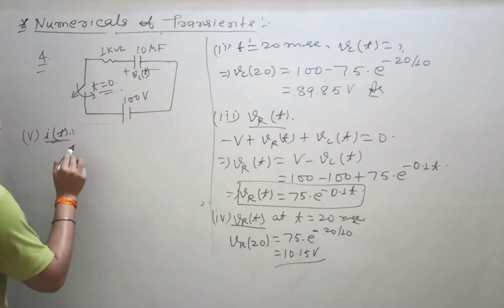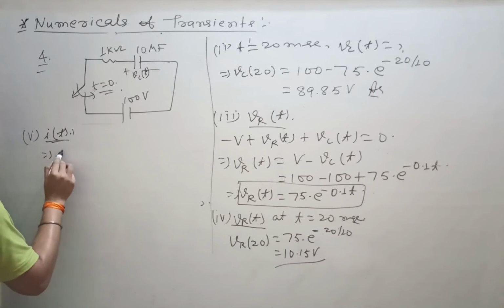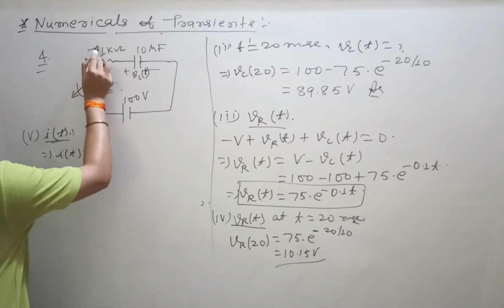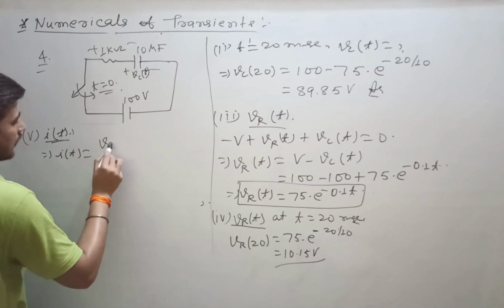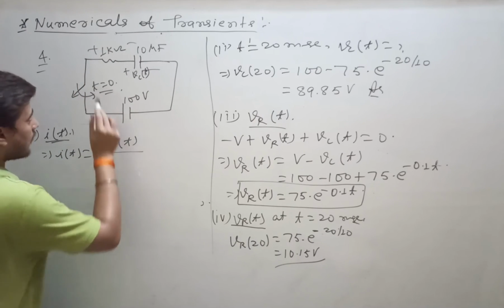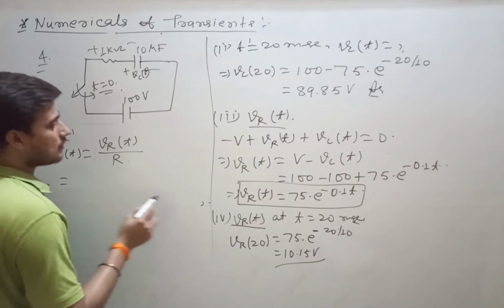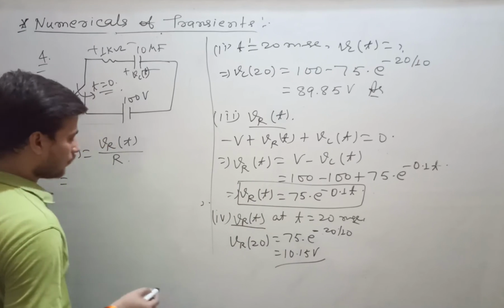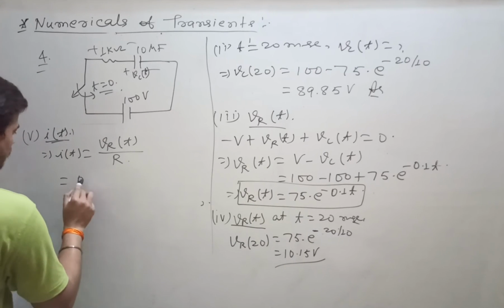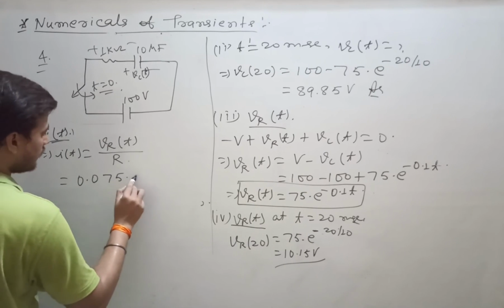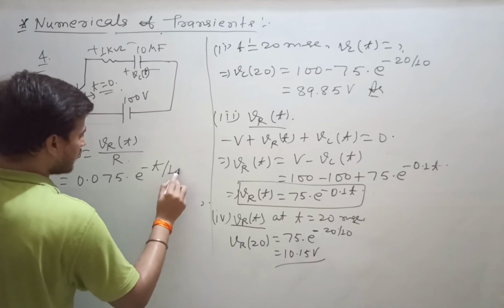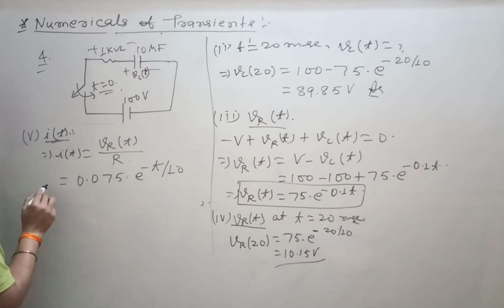So current i(t) will be equal to the voltage across this resistor VR(t) divided by R. That means you will divide by 1000. So here the answer will be 0.075 into e to the power minus t by 10, where t is in millisecond. So this is the expression for current.